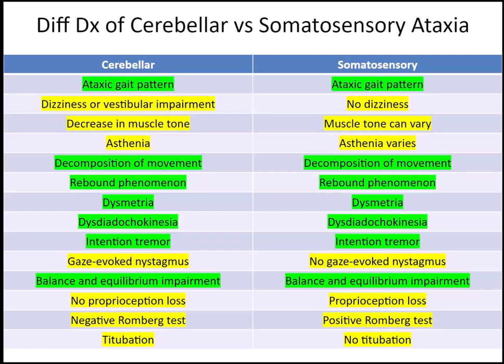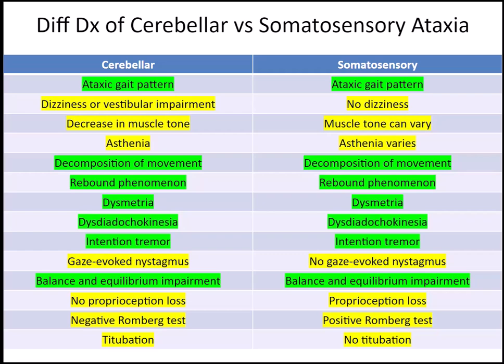Okay, an example of a disease that is commonly associated with somatosensory ataxia is going to be syphilis, later stage syphilis. What I've done here is I've drawn up a table. On the left-hand side, you can see signs and symptoms associated with cerebellar dysfunction, and on the right-hand side of the table, you see signs and symptoms associated with somatosensory dysfunction.